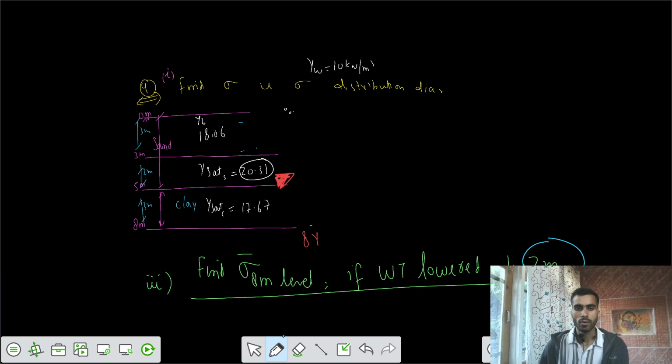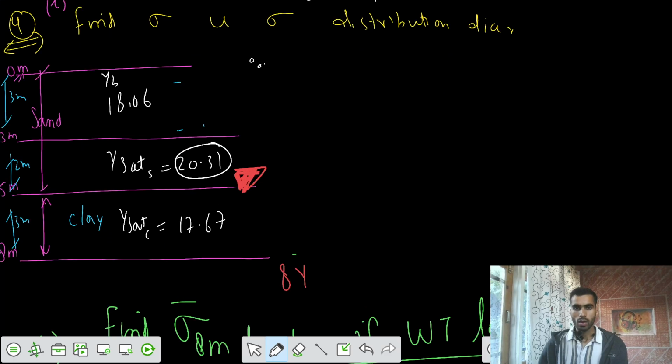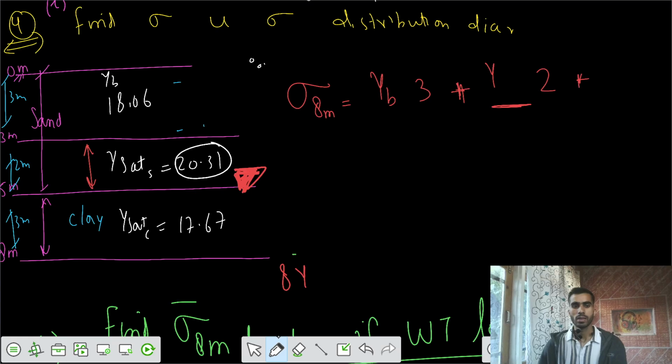So for that, let's calculate the stress. What is the total stress at the 8 meter level, finally, at this state number 3? That would be gamma bulk into 3 plus some gamma into 2 meters, plus finally gamma sat for the clay into 3 meters.